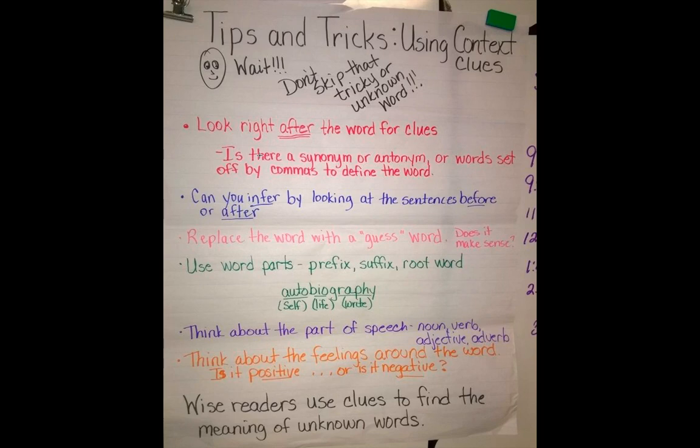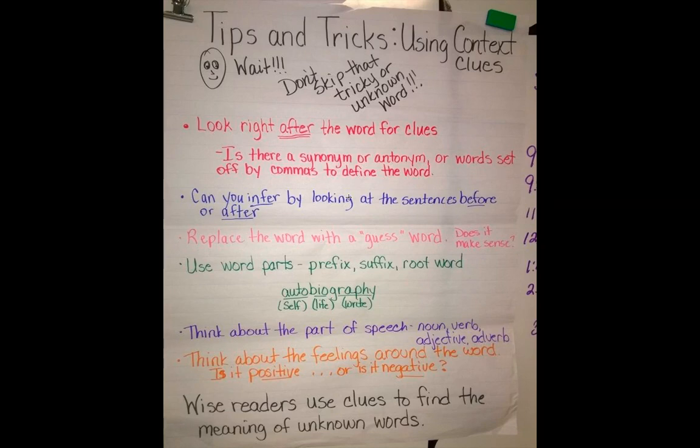So clues to look for possibly is to look for words that are either right before or right after those words, or they're synonyms or antonyms that are set off by commas that typically will follow that word. Could you possibly use your inferencing skills for things that are said in the sentence before the word or the sentence after the word?